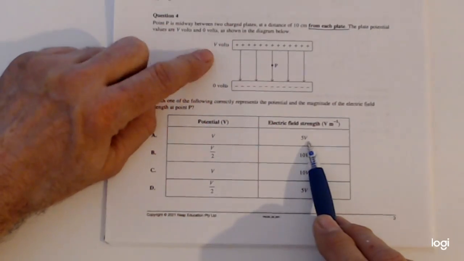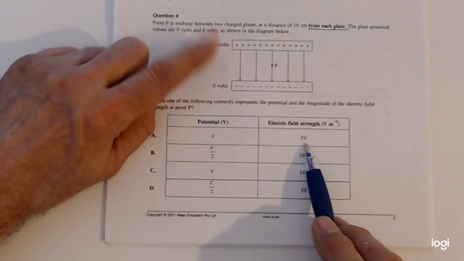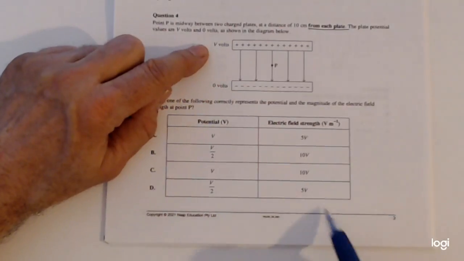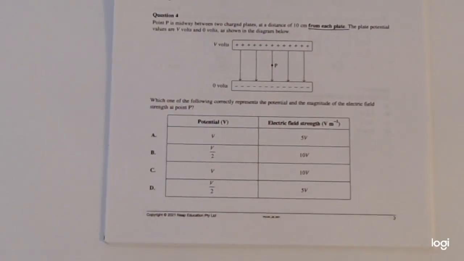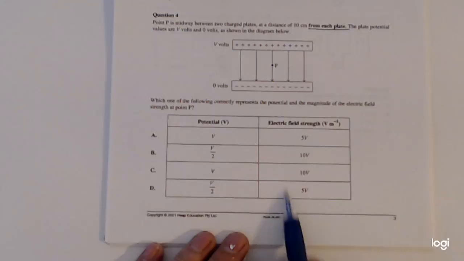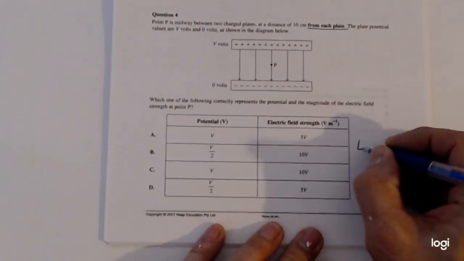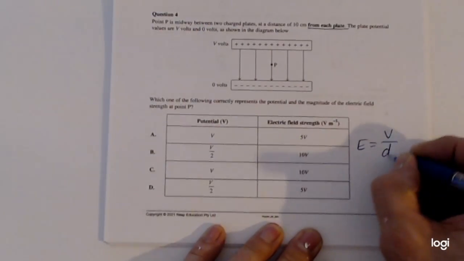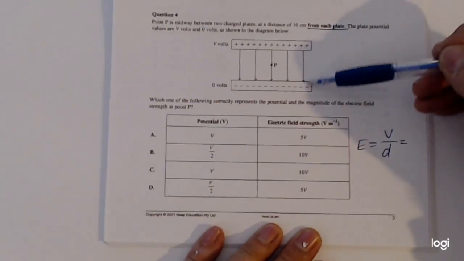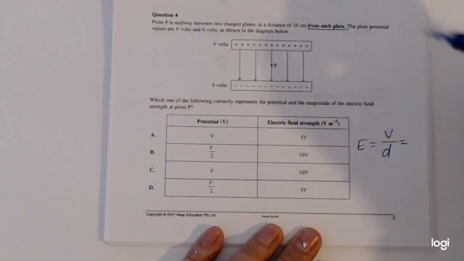We don't know how many volts V is, but it's 5 times that, 10 times that. They're not actually meaning volts, because the units of this isn't volts, it's actually volts per meter. It's electric field strength. And the formula for the electric field strength is V divided by D. And the D here is 0.2 meters.